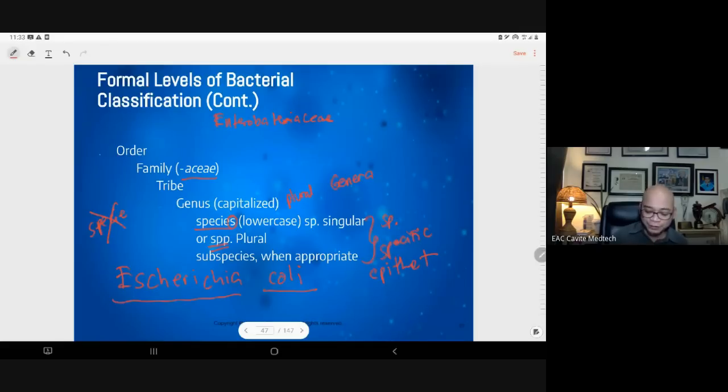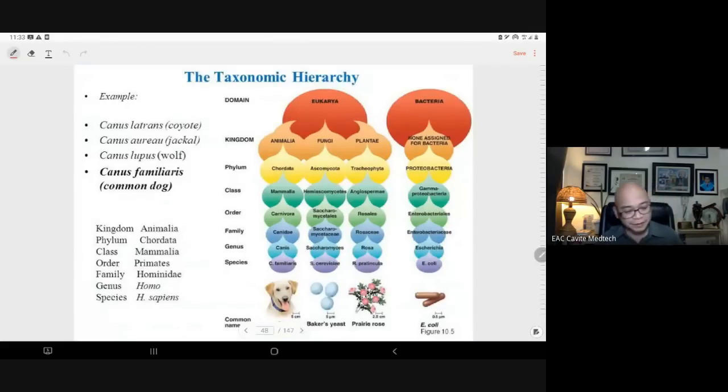Okay, so moving on. As you can see, Escherichia coli. Escherichia here is the genus, while coli is the specific epithet or species. Now, in writing a scientific name, you have to underline the genus and underline it separately from the species. However, if you're typing it, then you can have them italicized.